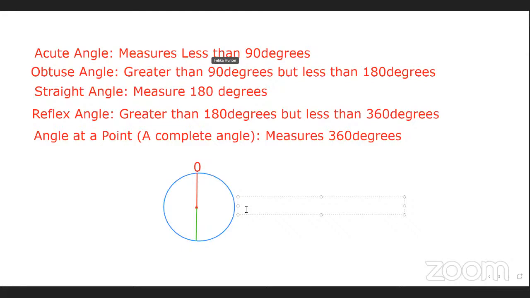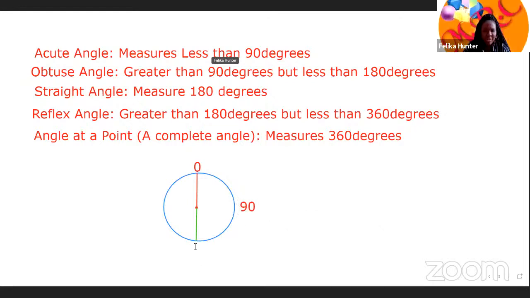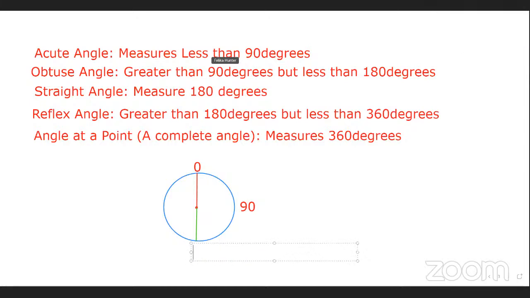So here would be what? 90. 90, all right, good. Not accurate, you know. We're just making some estimations, but 90 should be somewhere around there. Here would be what? 180. Yes. Here would be 180, and here would be plus 90.